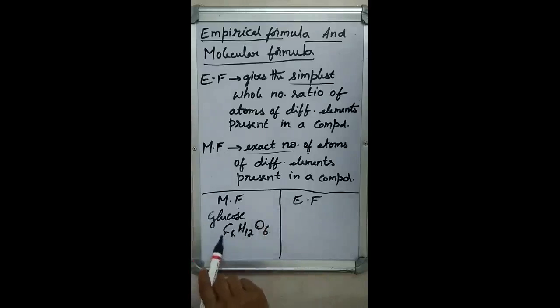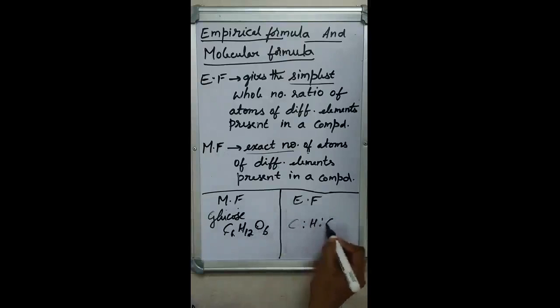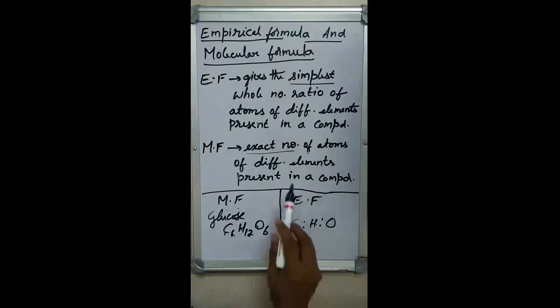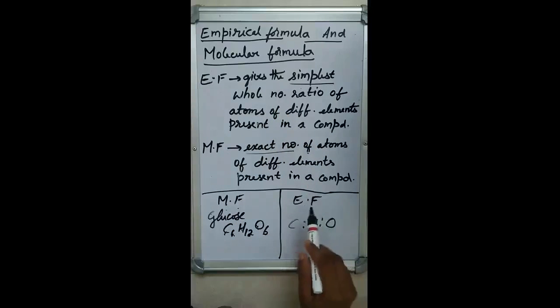Now here I have taken the example of glucose, C6H12O6. Now if I want to write the empirical formula for this glucose, how should I write? Carbon is 6, hydrogen is 12, oxygen is 6. Now here it is given, empirical formula is nothing but the simplest whole number ratio.